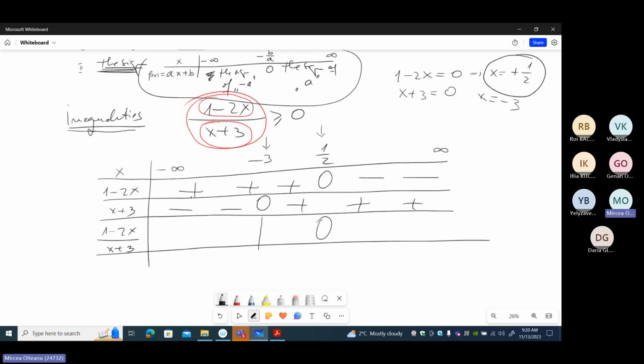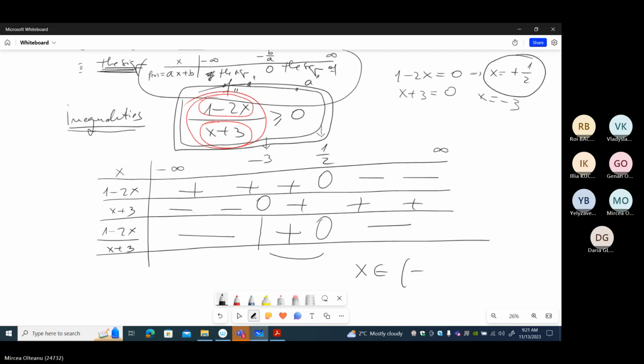And now plus over minus, it's minus, then plus, then minus. Okay, we wanted those x for which the ratio is positive. This is our inequality. Where is it positive? It is positive here, which means the solution of our inequality is x belongs to the interval minus 3, 1 over 2.